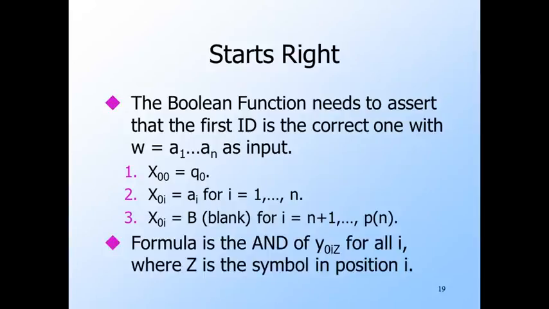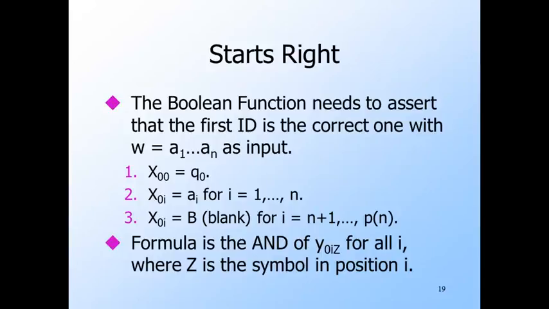But there's a propositional variable for that. Each of the conditions that makes up starts right is of the form some one of the x variables is a particular symbol. But that's what the propositional variables y_ijA do.